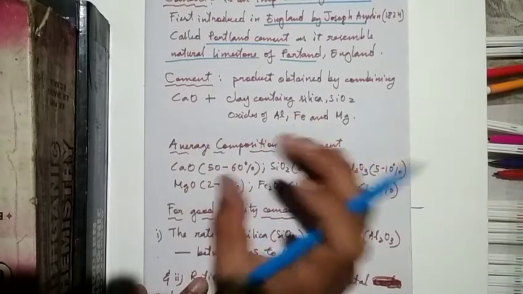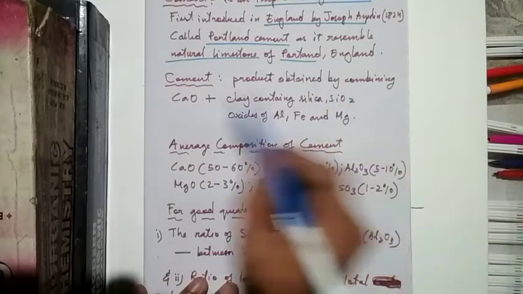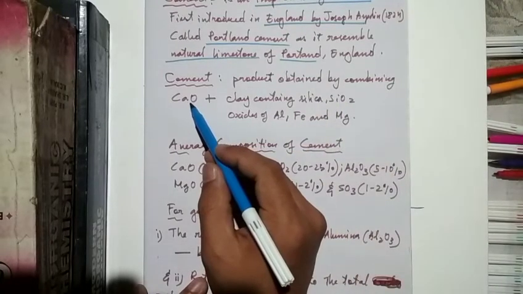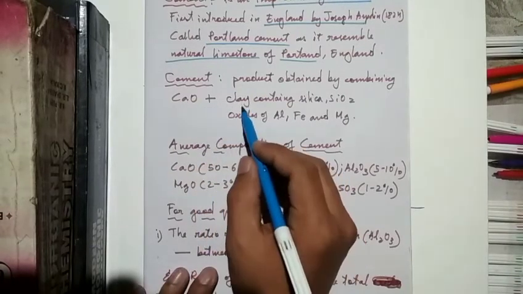We can obtain cement by combining calcium oxide, or materials containing calcium oxide, with clay.